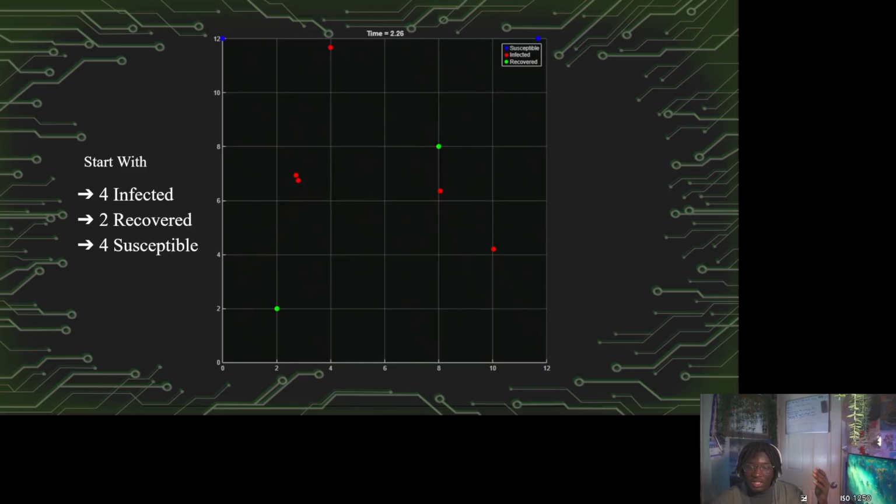But yes, the initial conditions I did start with 4 infected and 4 susceptible, but since the positions are randomized, that susceptible just got turned into an infected way too quickly. So now they're going to hunt down the rest of the susceptible as a red infected.